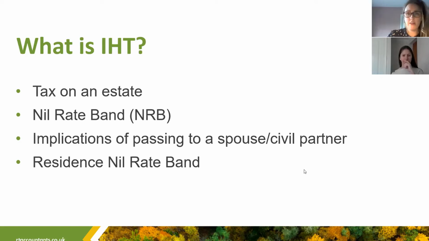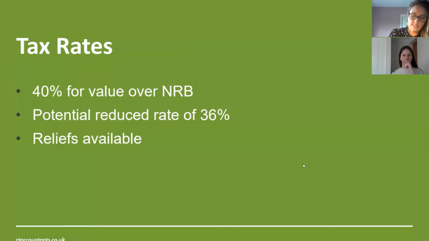So what if your estate is over the nil rate band? Well, we need to apply some tax rates, unfortunately. The usual tax rate is 40% for any value over the nil rate band. You may qualify for a rate of 36% if you leave at least 10% of your net estate to charity.